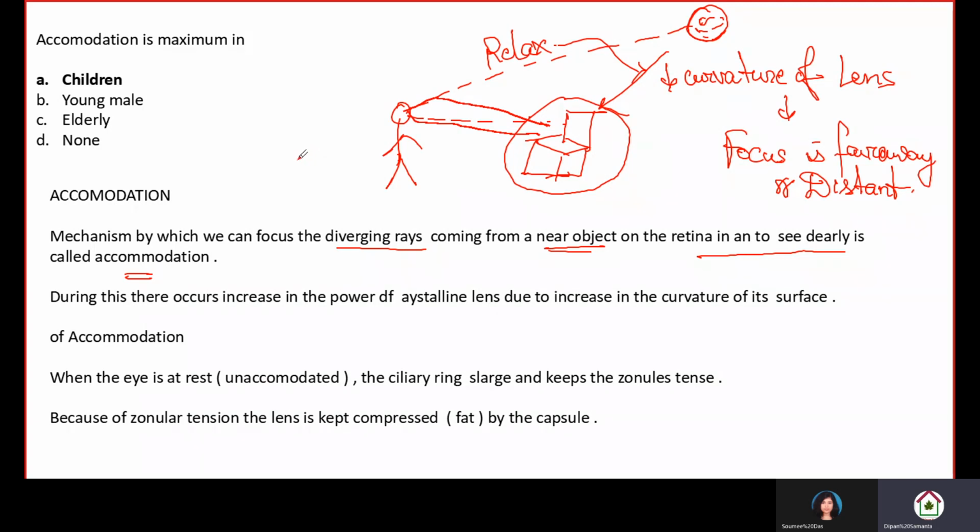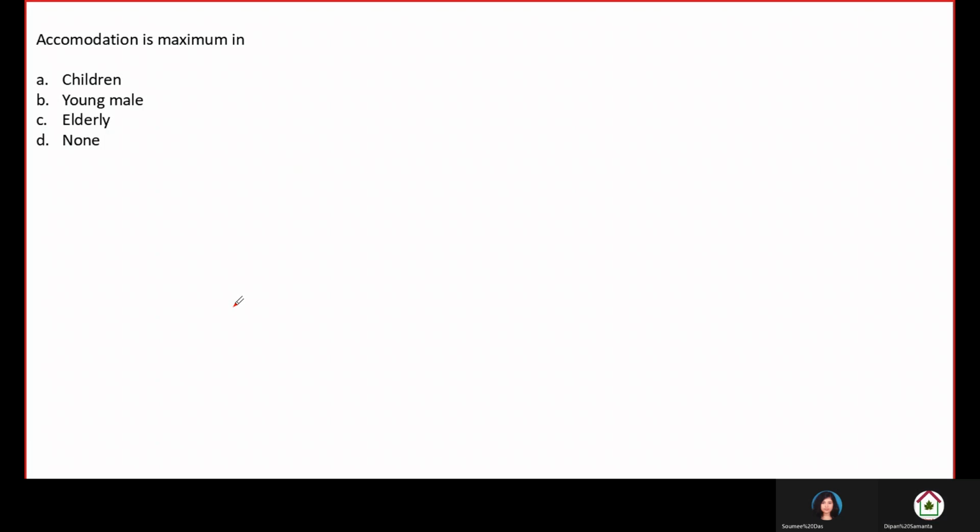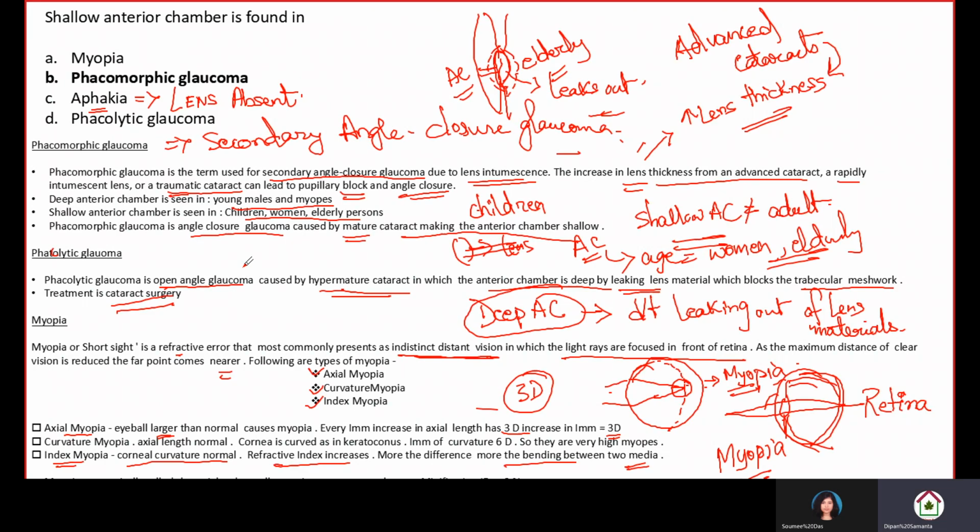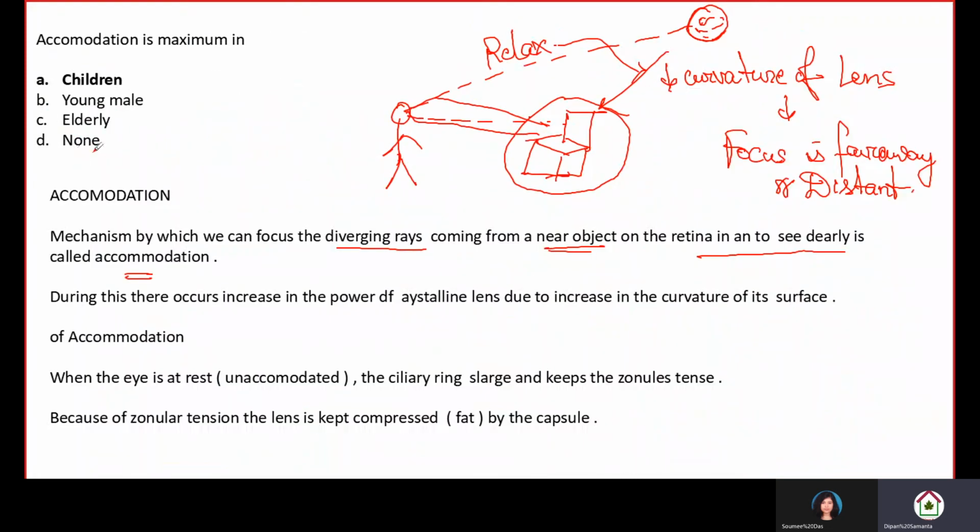We need to increase the curvature. We cannot control the eyeball, but we can control the lens by the ciliary muscles. We will control the lens and focus on this chair. This is accommodation.